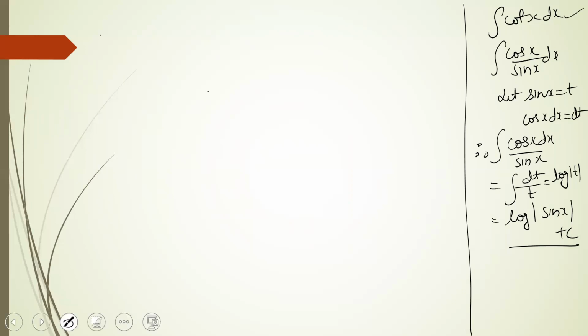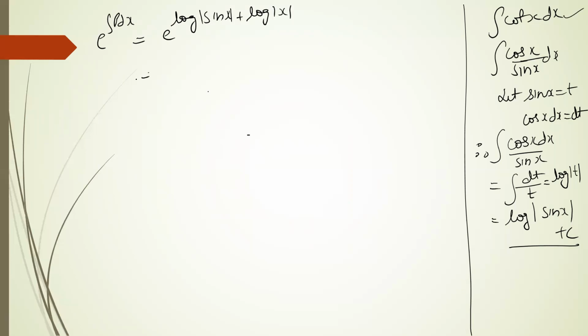So that is why integral of p dx is giving you answer as e to the power log of mod of sin x plus log of x, right? So this can further be written as e to the power log of sin x into x in the mod, and which can further be written as your x sin x mod, that is x sin x.